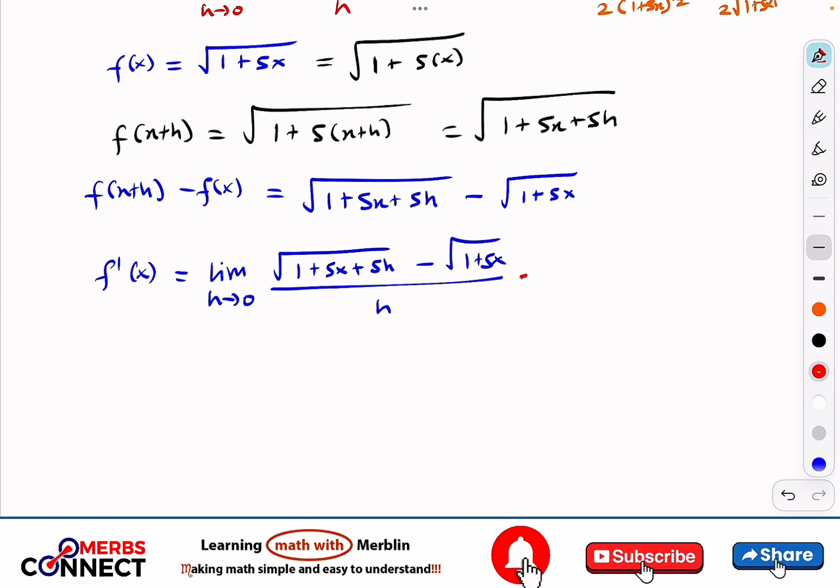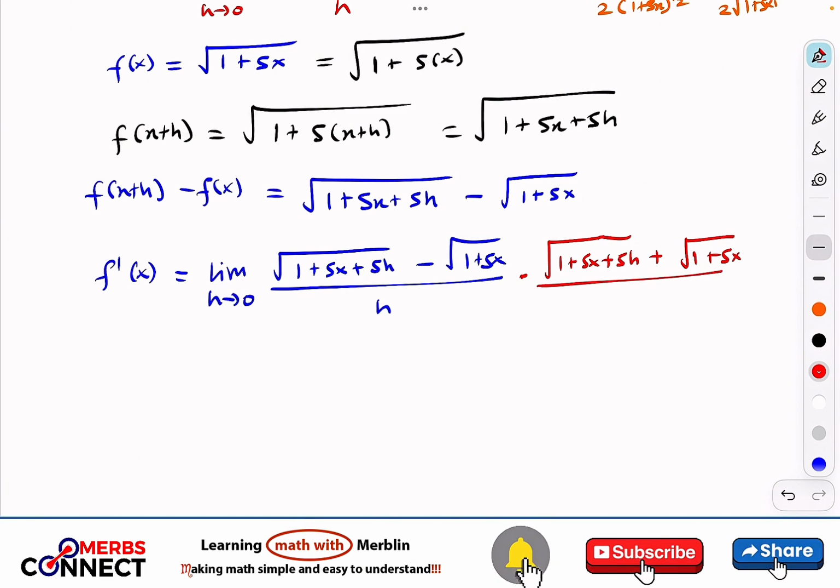So I'm going to multiply this one by square root of 1 plus 5x plus 5h plus square root of 1 plus 5x, divided by the same term again on the top. So divided by square root of 1 plus 5x plus 5h plus square root of 1 plus 5x.